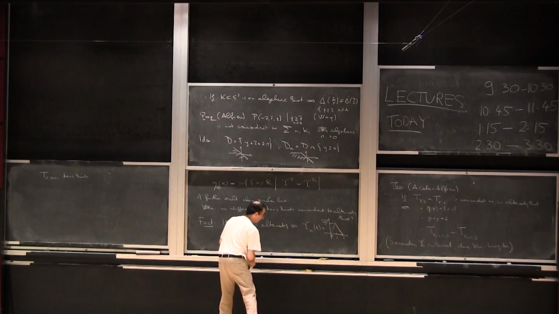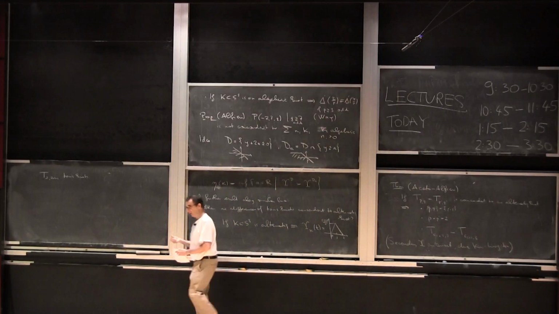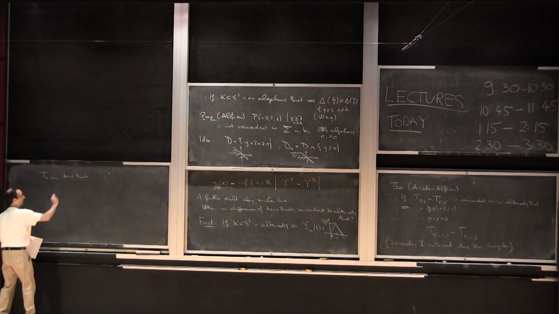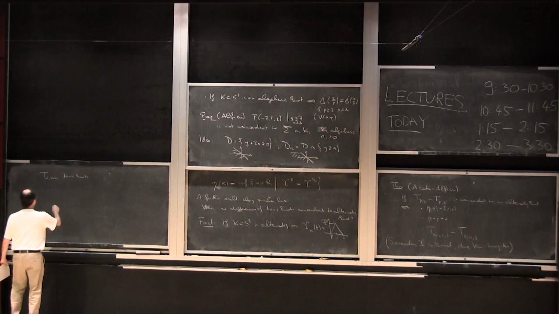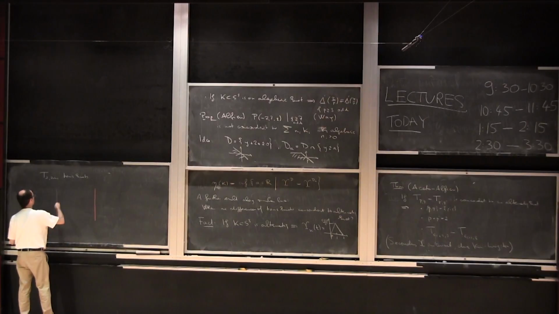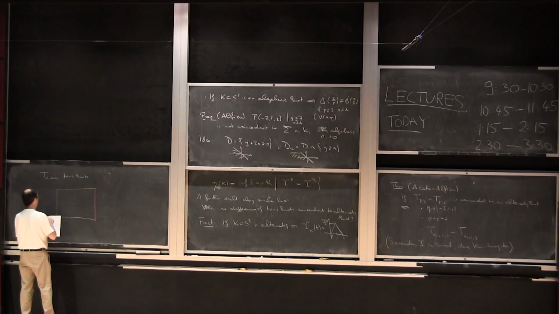So green is the new blue. Now I will try to come up with a doubly pointed Heegaard diagram for those knots, and then do calculations and deduce something. So here is my Heegaard diagram.